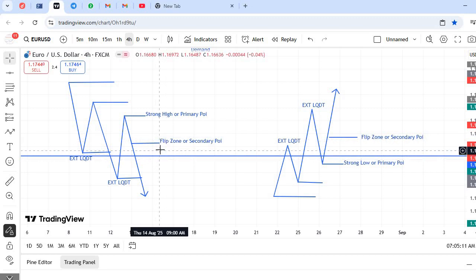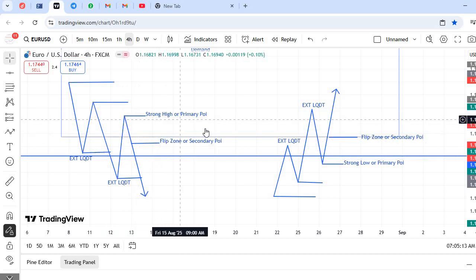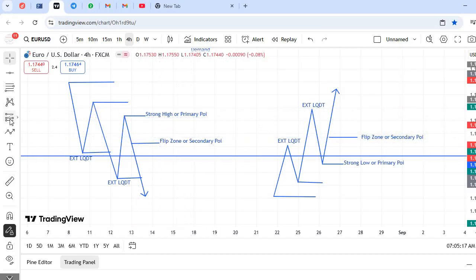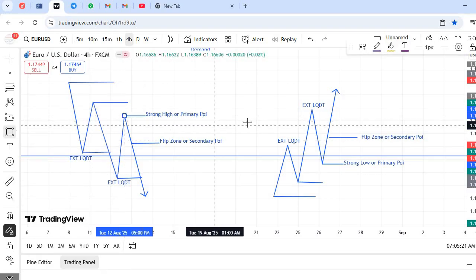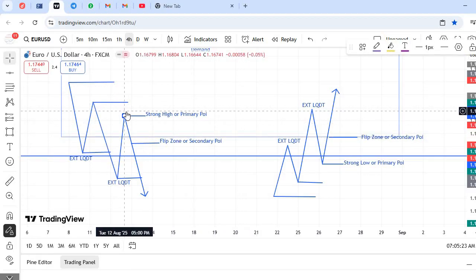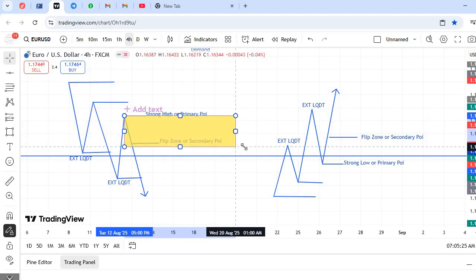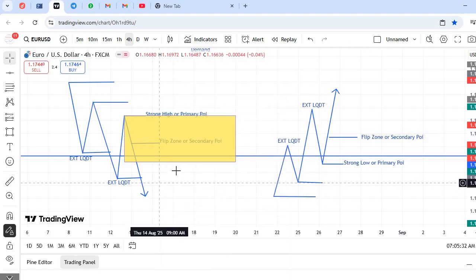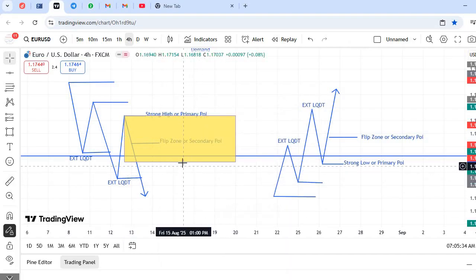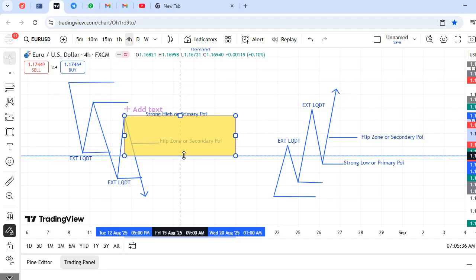Once it crosses this 50%, that means you want to buy from 50% and above. It means you want to buy anything from here. Can you see? You want to buy anything from 50% and above.